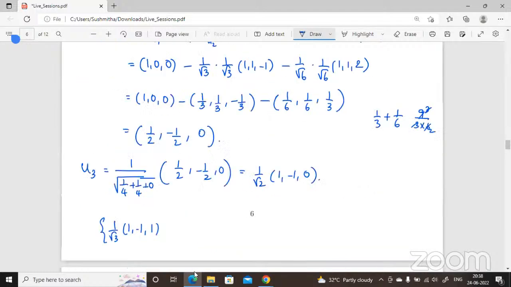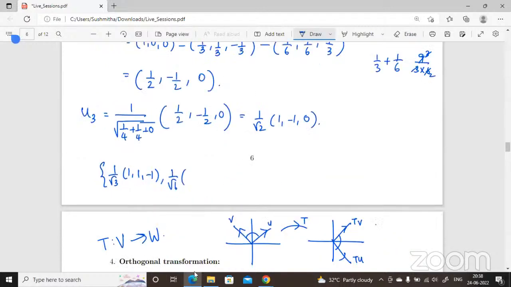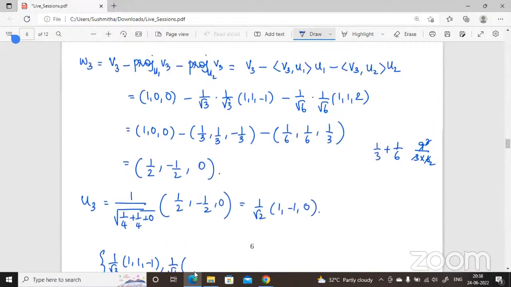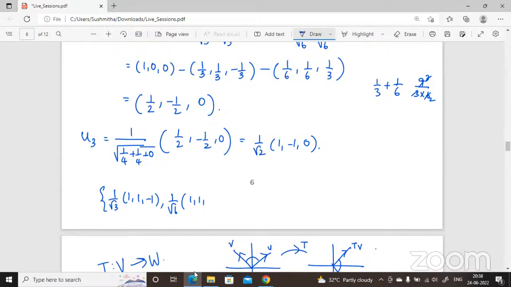(1, 1, minus 1) times 1 by root 6... (1, 1, 1)... 1 by root 2 times (1, minus 1, 0), right?